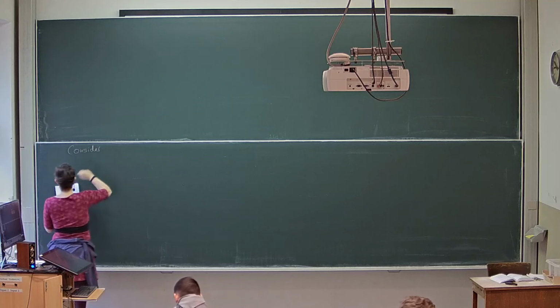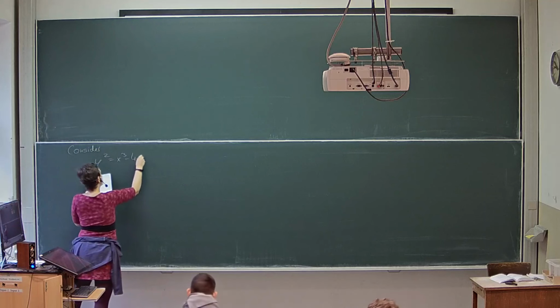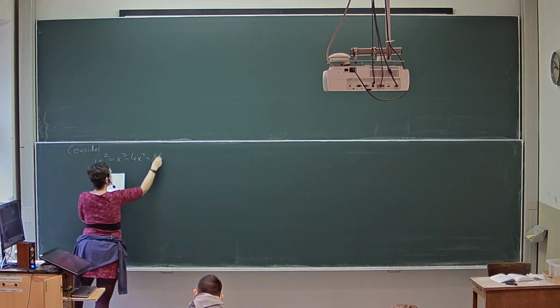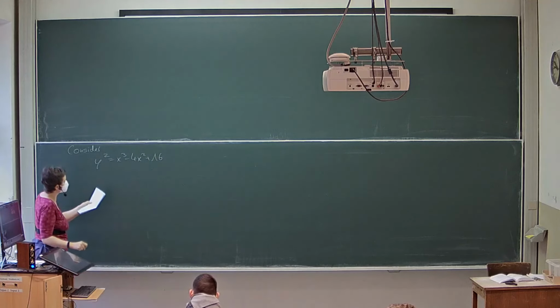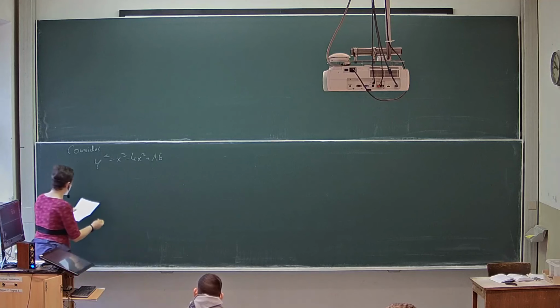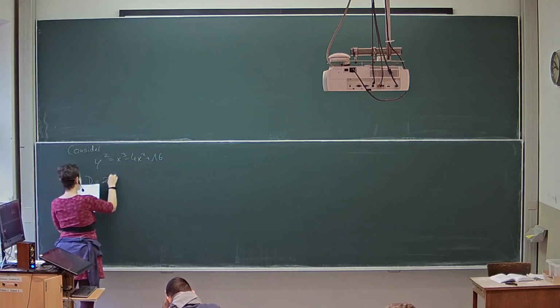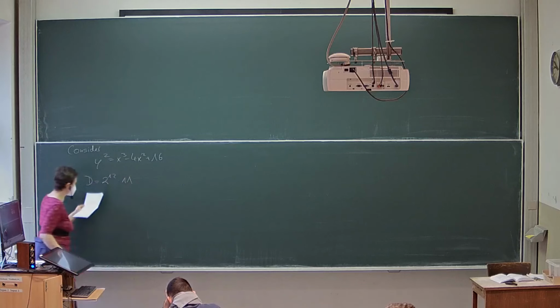So consider this curve. And let's say we want to compute the torsion points. Okay, it has discriminant 2 to the 12 times 11.